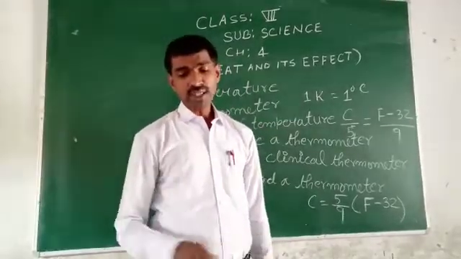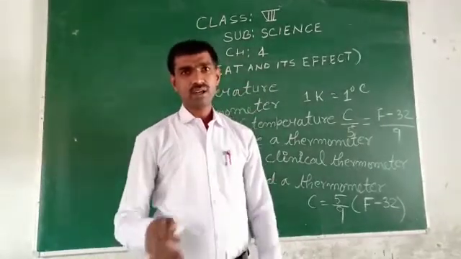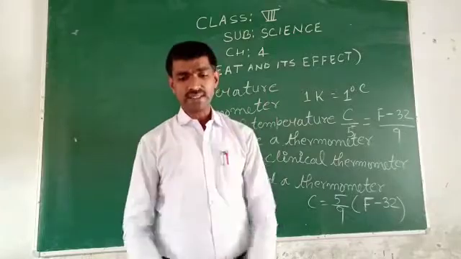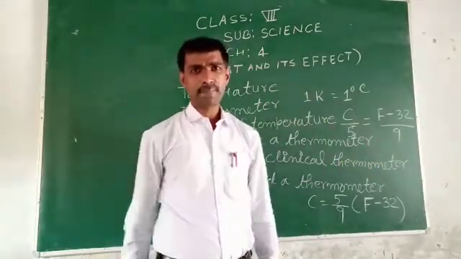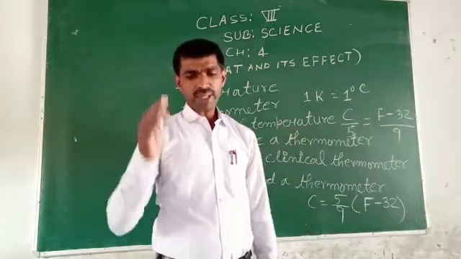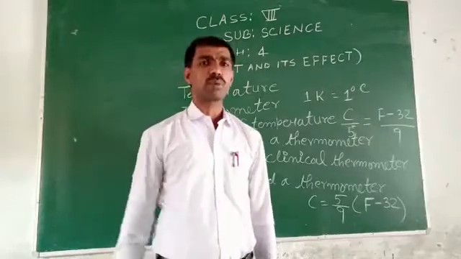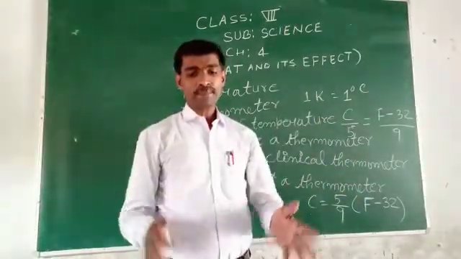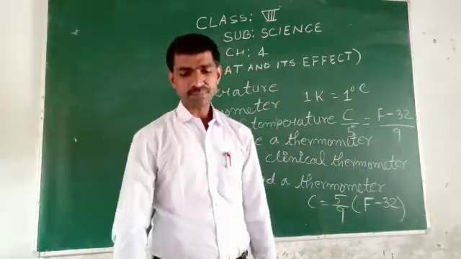This is because the temperature of the human body varies only within this range, that is from 34 degrees Celsius to 42 degrees Celsius. The average normal body temperature of the human body is 37 degrees Celsius, which falls between 34 degrees Celsius and 42 degrees Celsius.